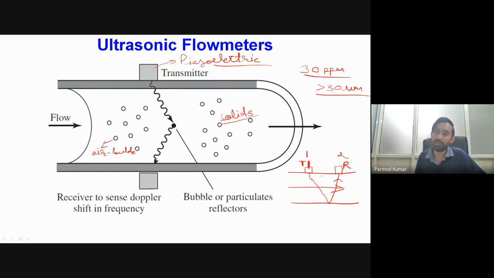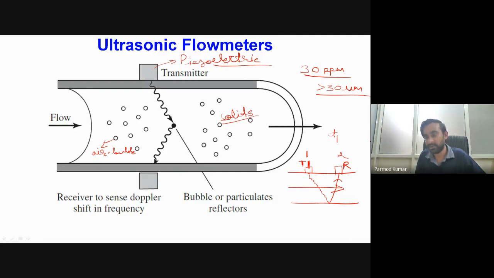In this configuration, the transmission of the signal takes place in the direction of the flow. Here the time period required for the signal to reach from the first transducer to the second transducer is measured.